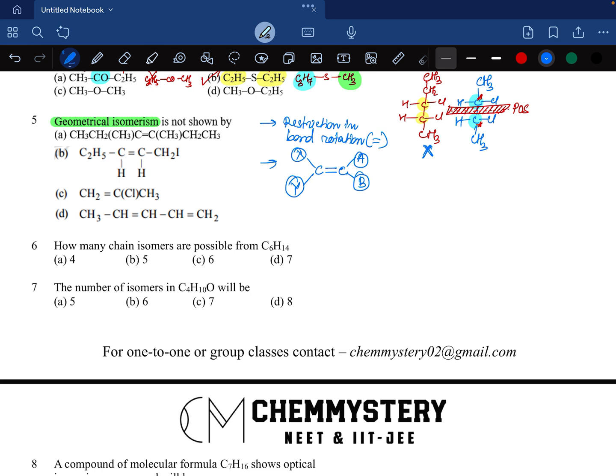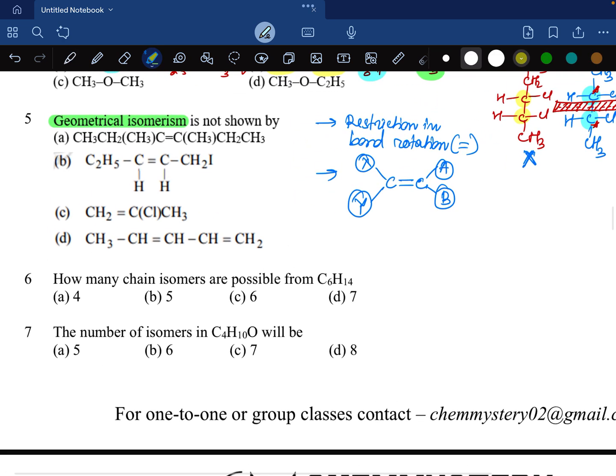This is the second criteria for geometrical isomerism. Restriction in bond rotation, and the groups attached to the carbons of the double bond should be different. So let's understand. This is the double bonded carbon, right? Around this I have to see the groups. One group is CH3, another is CH3CH2, methyl and ethyl.